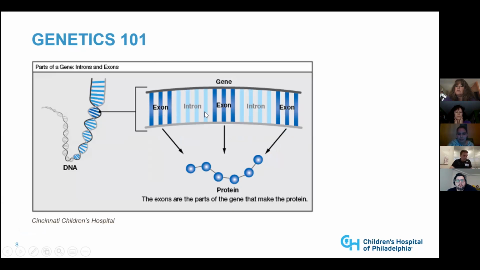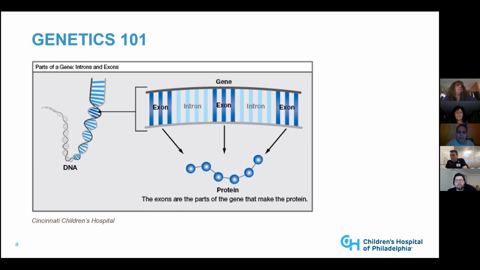When our bodies are making the SCN2A protein, they go by what the exons tell them to do, and they remove this intron region. Because of this, the intron isn't directly affecting the way that the protein is put together. That's why it's not telling you a specific protein change, because the introns don't change the code of the actual protein.